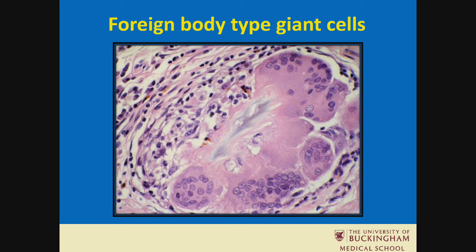Then the next one is the foreign body type giant cell. These are different foreign body giant cells. Several nuclei are arranged haphazardly in the cytoplasm. The foreign body can be seen within the giant cell, or the foreign body can be surrounded by these foreign body giant cells.